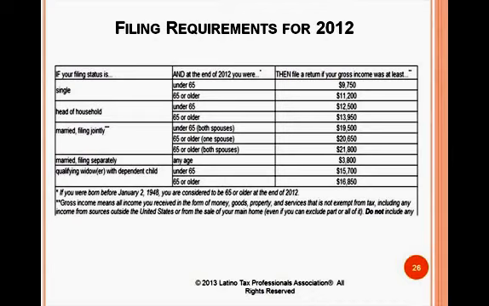But these are the minimum requirements of earned income in which the person has to file or should file or doesn't have to file. So for example, married filing joint and both spouses are 65 or older, that is the highest amount of income that a person would have to file a tax return, and that's $21,800.